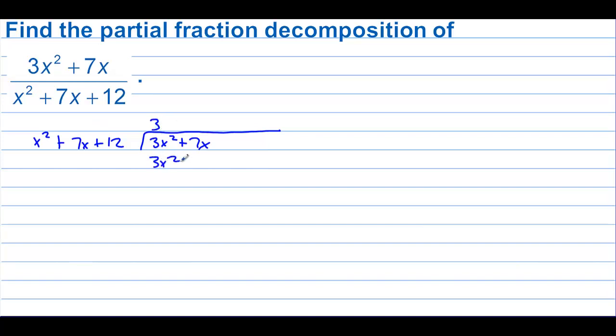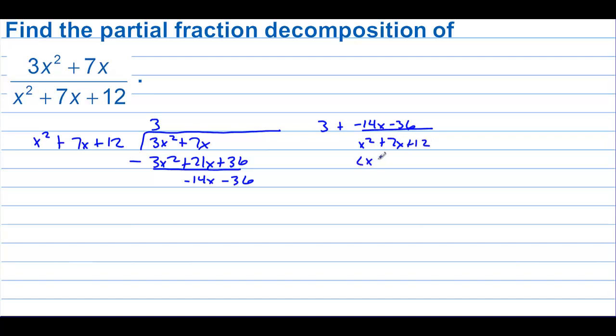We have 3x squared plus 21x plus 36. And then when we subtract, we get negative 14x minus 36. We can write the original as 3 plus (negative 14x minus 36) over (x squared plus 7x plus 12).